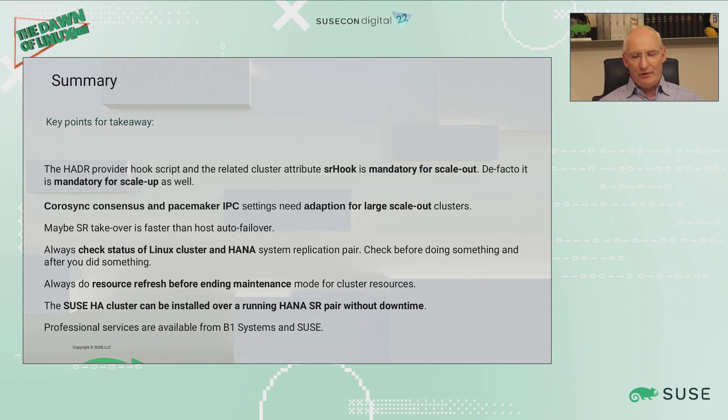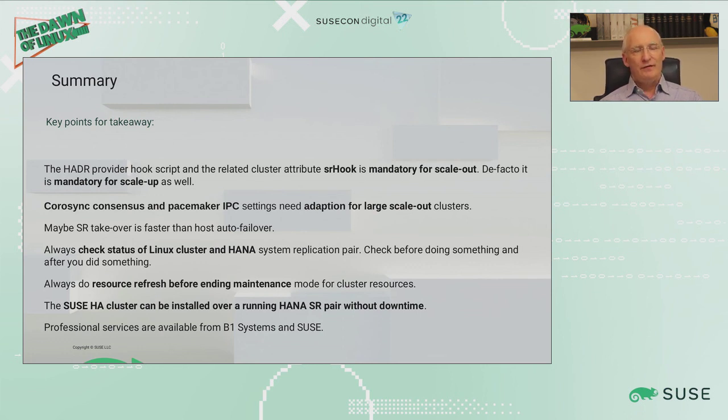For large scale-out clusters, corosync consensus and pacemaker IPC settings need adaptations. Asset takeover in scale-out clusters is faster than host auto-failover inside HANA, so for BW kind of systems it is recommended to not use standby nodes.